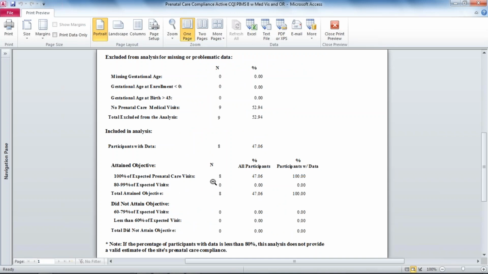So you've got 100%, 80 to 99%. Both of those categories, since the outcome is participants will have 80% or more of their expected visits, both of those categories attain the objective. And then you have at the bottom, if you had any people who had less than 80%, 79 or lower, they would be included here, and a total. Okay.